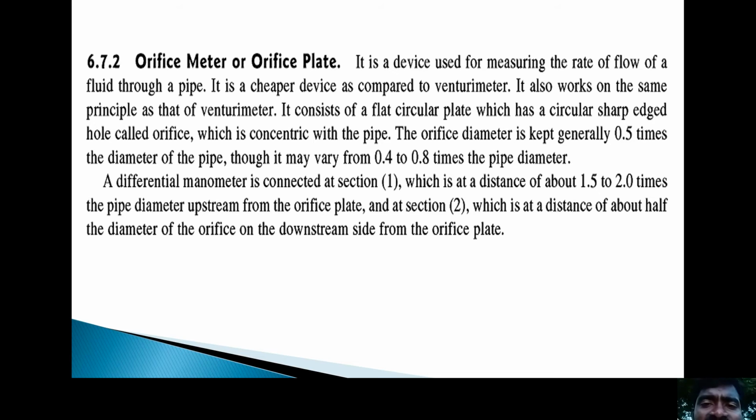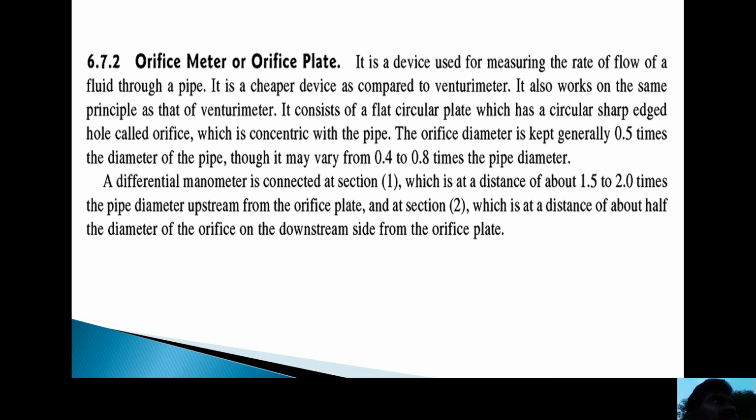The orifice diameter is kept generally 0.5 times of the diameter of the pipe, though it may vary from 0.4 to 0.8 times of the pipe diameter.